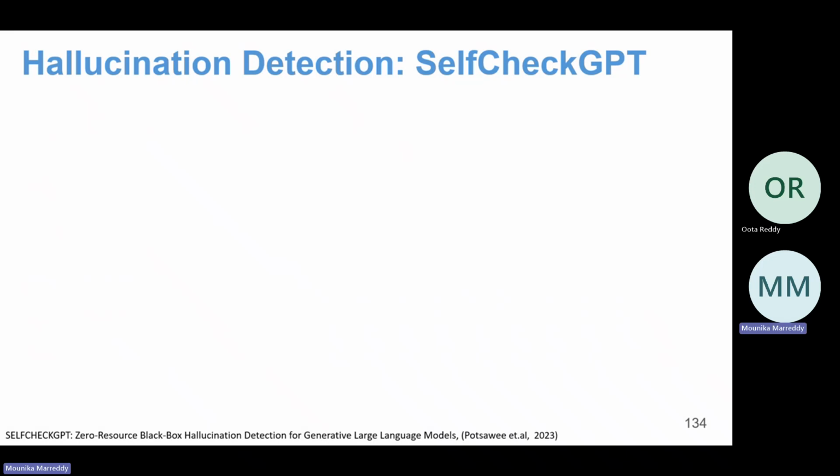So let's talk about the first work in this direction, I mean, the recent work in this direction, which is hallucination detection using SelfCheckGPT. As the time is very limited, I'll go through only one method in detection and one method in mitigation, and I will conclude the session. The other slides you can download from the website and go through.